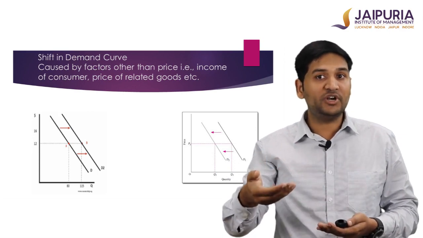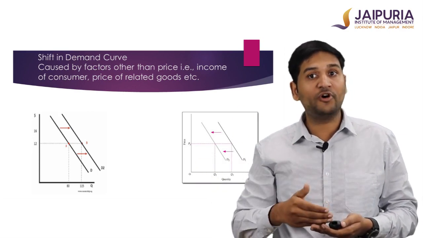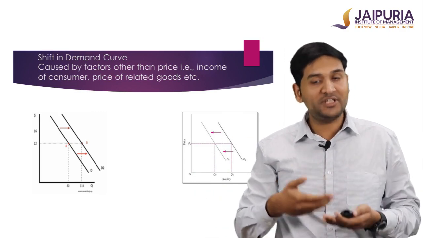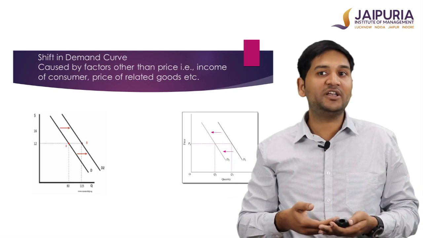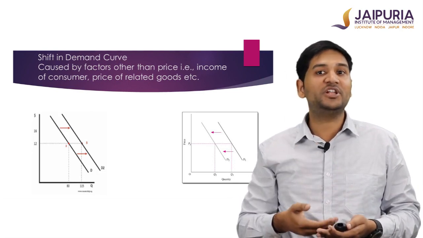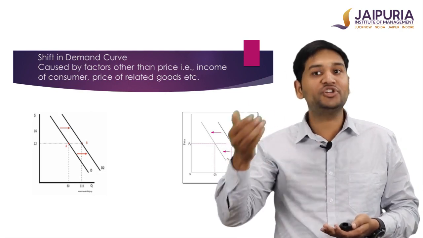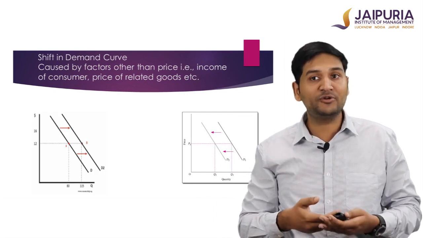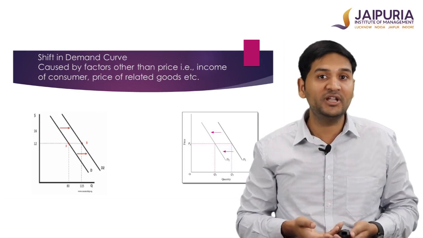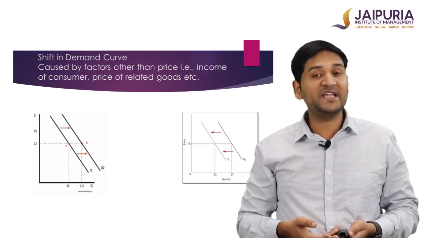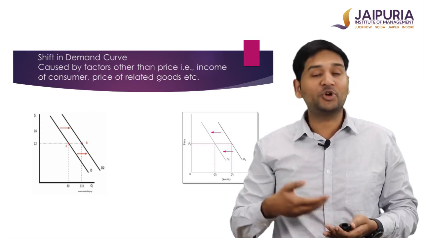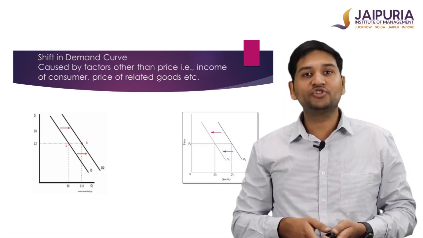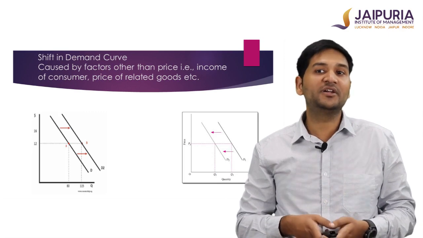However, the relation with consumer income is positive for normal goods and negative for inferior goods. Similarly, in price of related goods, there is positive relation in price of substitute goods and quantity demanded. However, for complementary goods, that relation is inverse in nature. And for price expectation, there is a positive relation if future rise in price is expected. So these are few factors influencing demand.